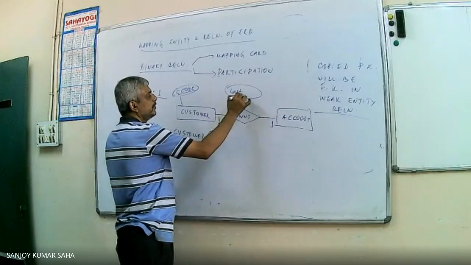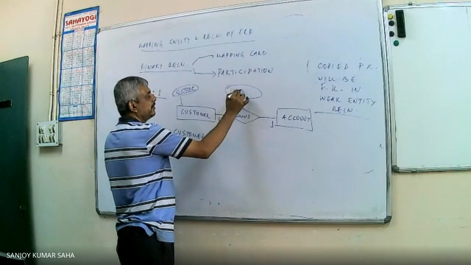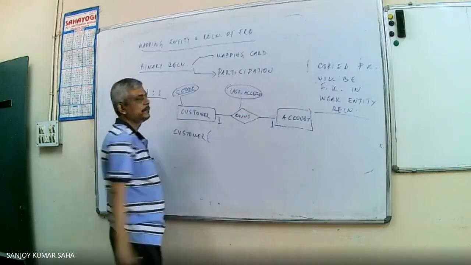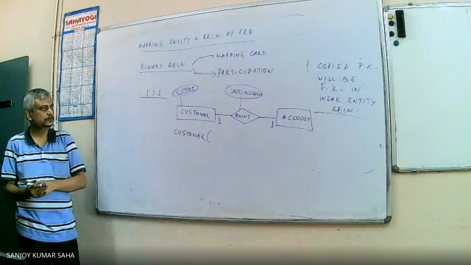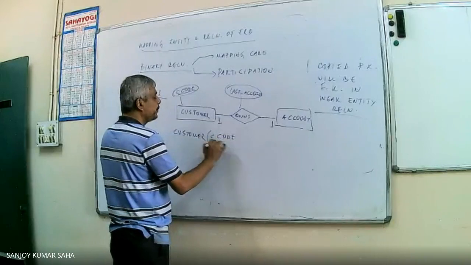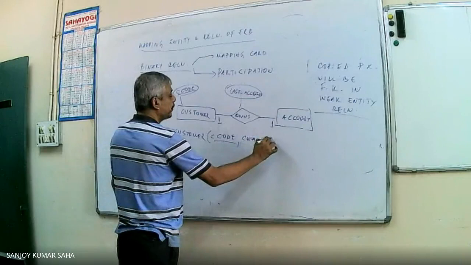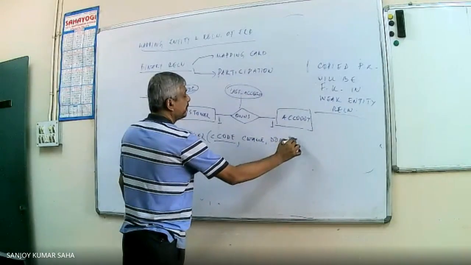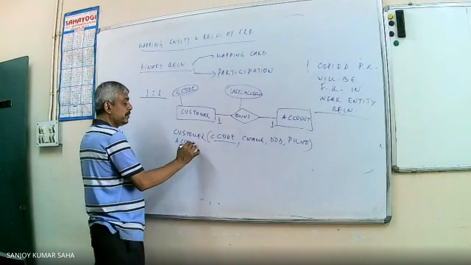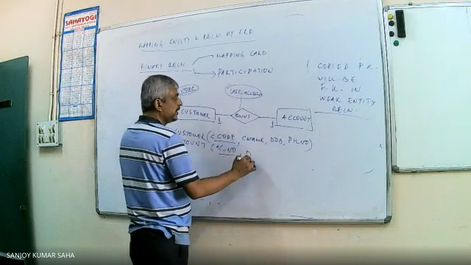Suppose we have the attribute of the relation, say last access date. Say classically we have customer name, date of birth, I am assuming a single-valued phone number. Account has account number and balance.